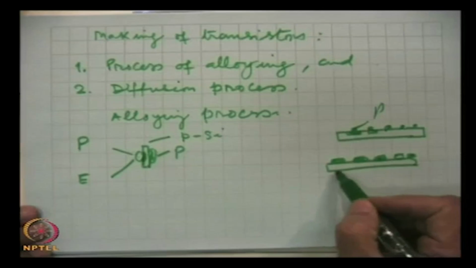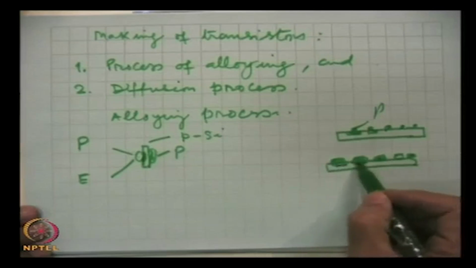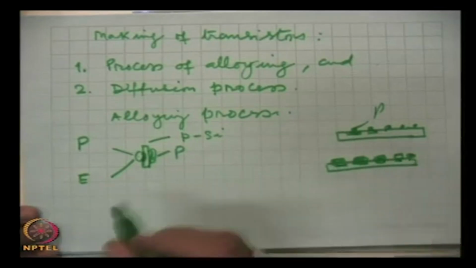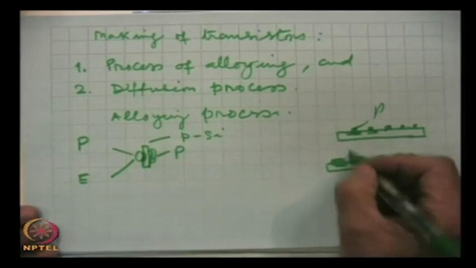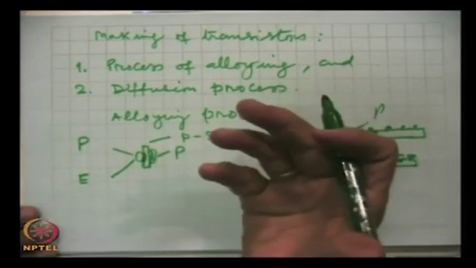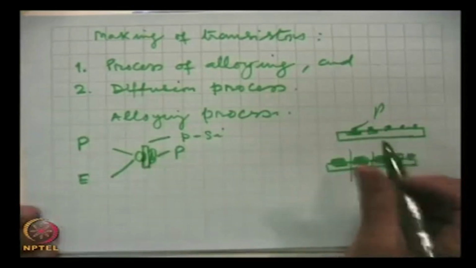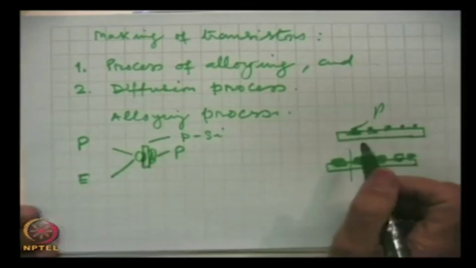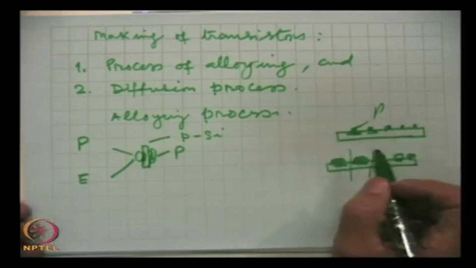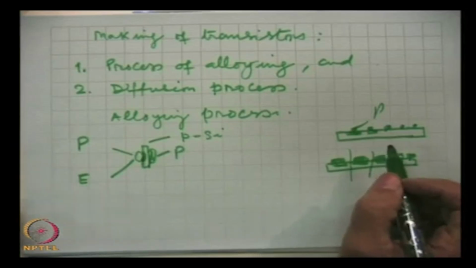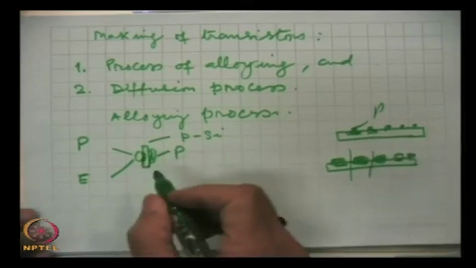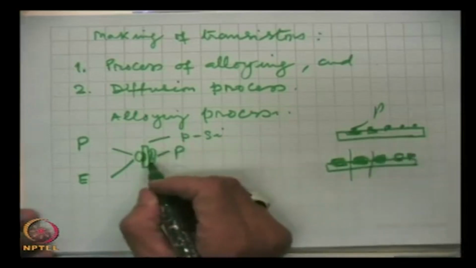So, it will diffuse and another N type semiconductor will be developed. And this we cut ultrasonically. So, from a 2-inch dia wafer of silicon, after these 2 treatments of the alloying process, we can get say 100 or few hundred very small transistors.